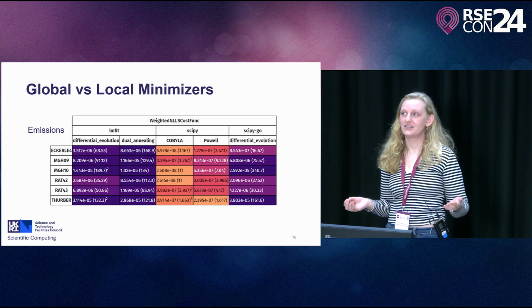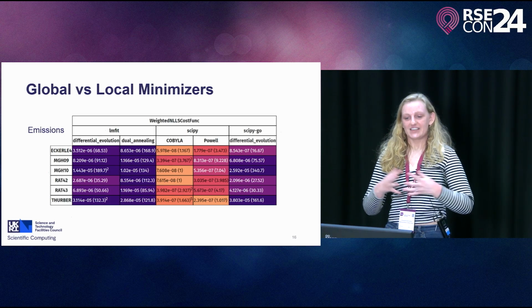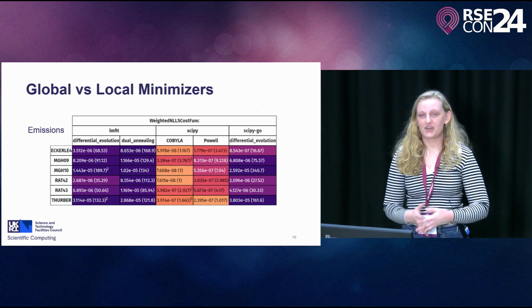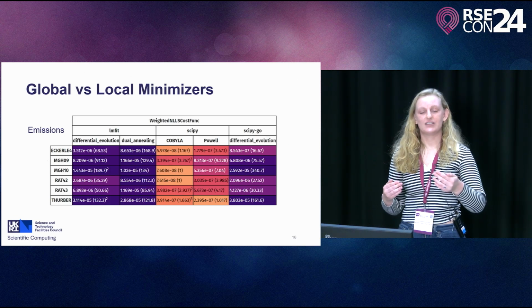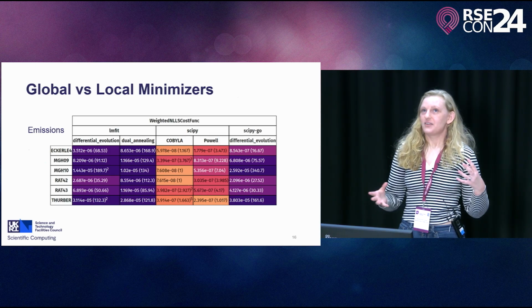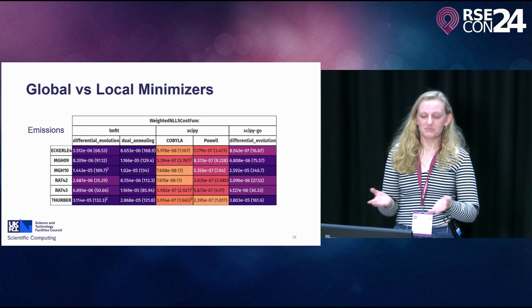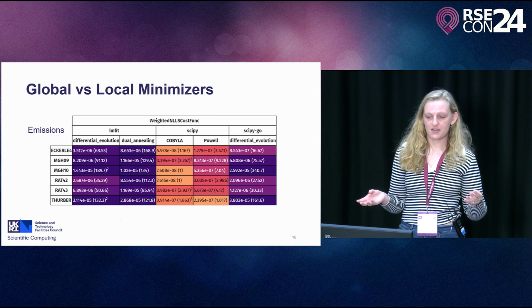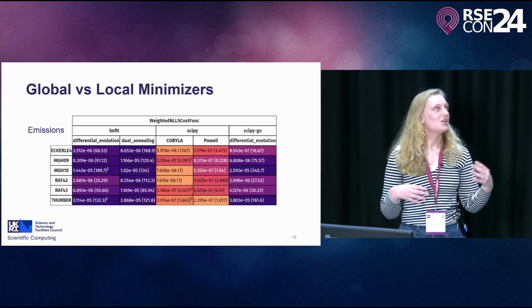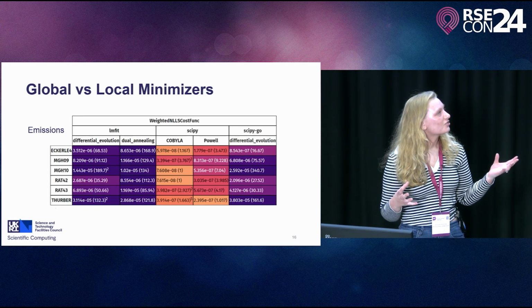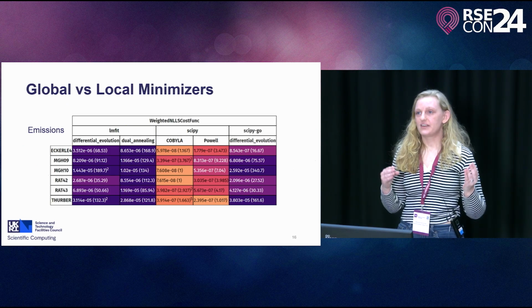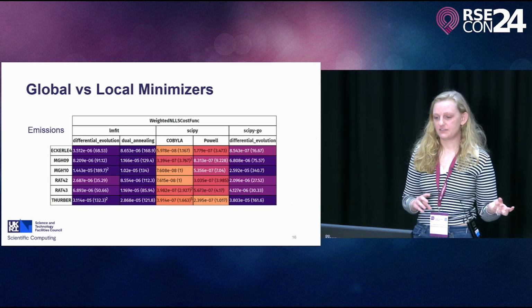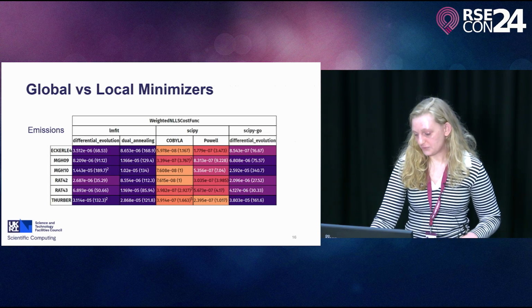It's still not great, but my point is that by having the emissions table, you get that extra layer of insight. Perhaps in cases, maybe not this one, where the local minimizers did perform quite well in terms of accuracy, having this additional insight may help you to justify that trade-off between accuracy and efficiency when it comes to your problems.